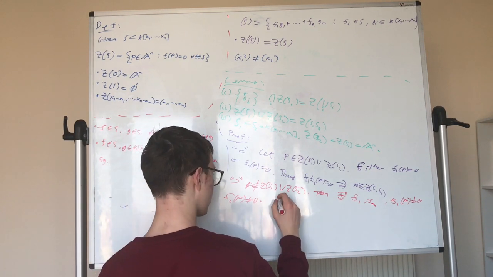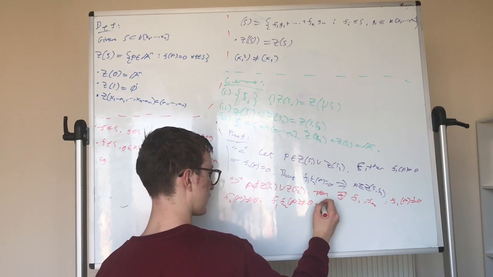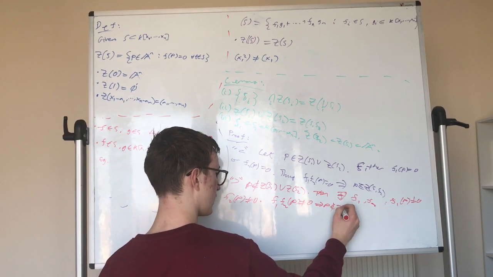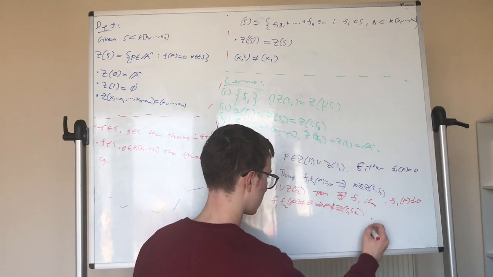Therefore, when we multiply them together, F1 F2 of P is also not equal to 0, which therefore means that P is not in this set either. QED.